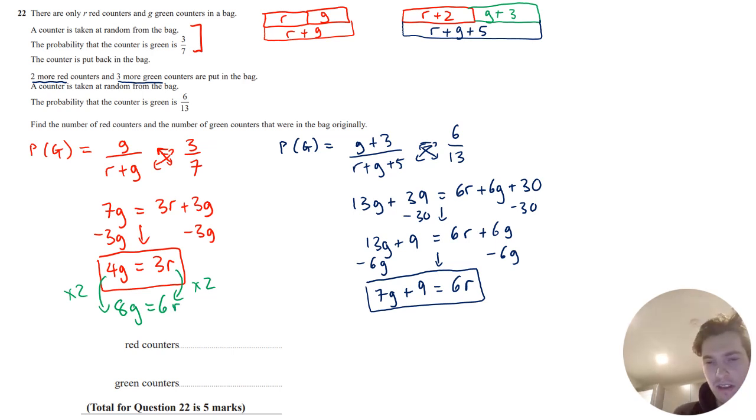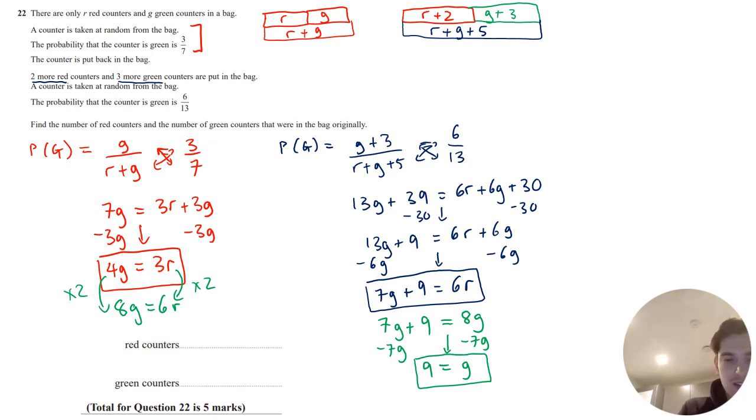And do you see why I've done that? Because now I can rewrite this equation as 7G plus 9 is equal to not 6R, but 8G, because that's what the first equation tells me. And now I can minus 7G from both sides to get G is equal to 9.